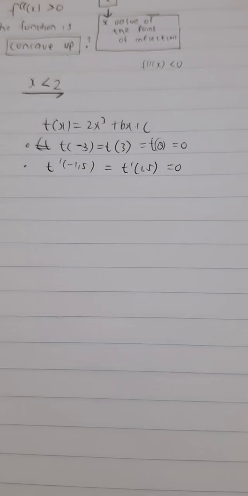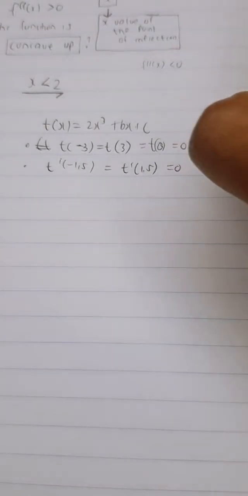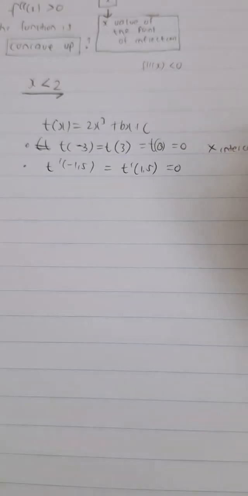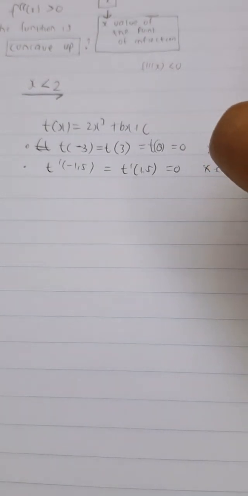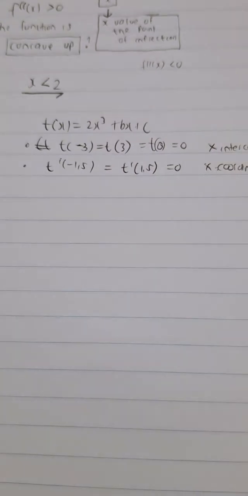So we already established that this represents our x-intercepts and this here represents the x-coordinates of the stationary points.